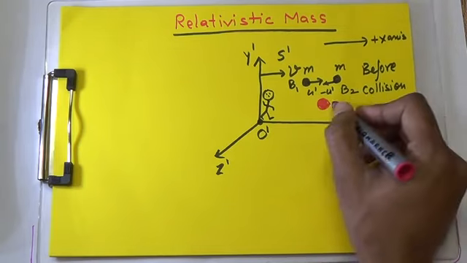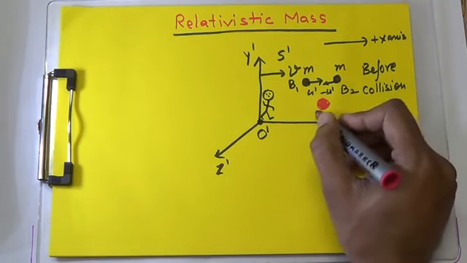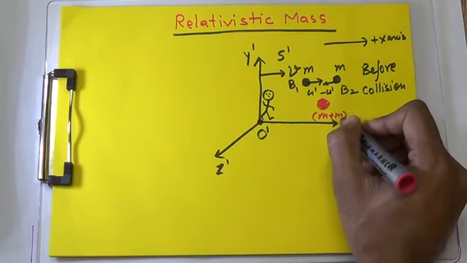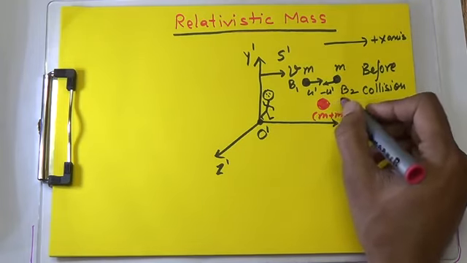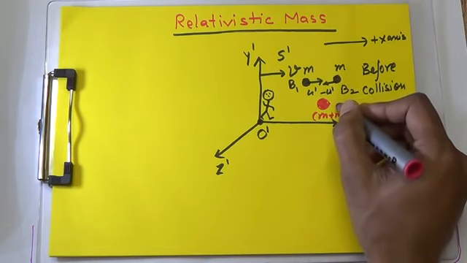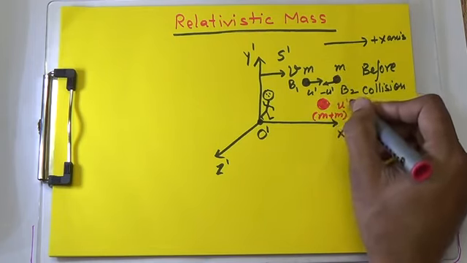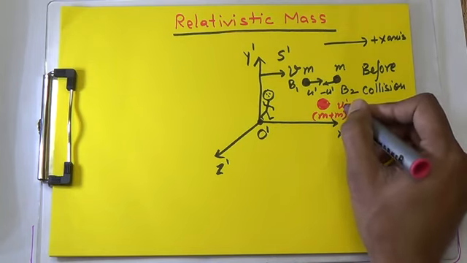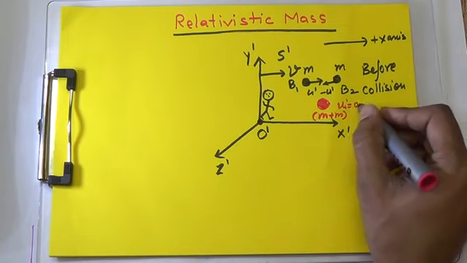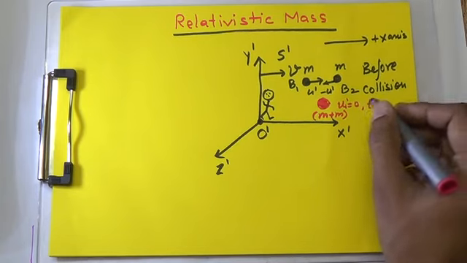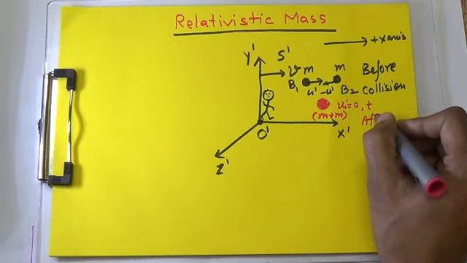Now the mass of the ball is m plus m, and at the moment when both balls collide, the speed is equal to 0. This is, suppose, u1 prime. u1 prime is equal to 0 at any time t. So this is the situation after collision.